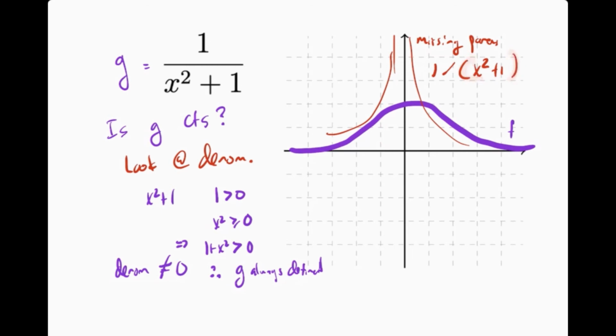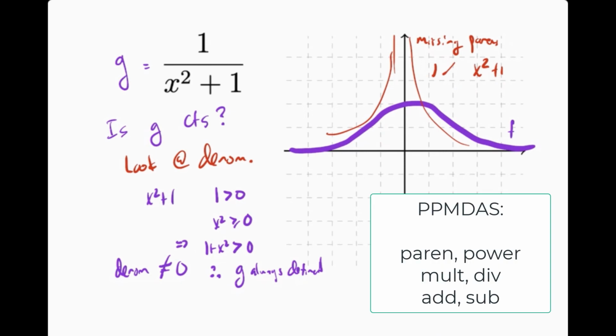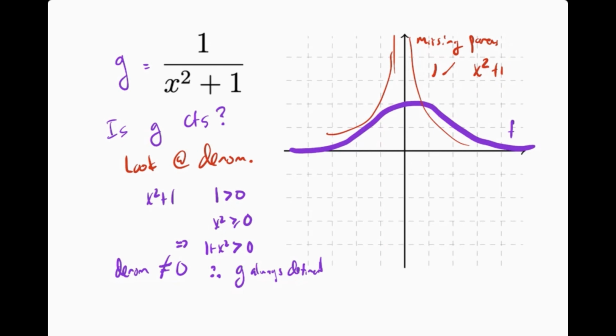These parentheses are critically important to the calculator correctly processing it, because otherwise it parses it as 1 over x squared and then adds 1 to it, because remember PPMDAS. So the outcome of this, therefore, g is continuous.